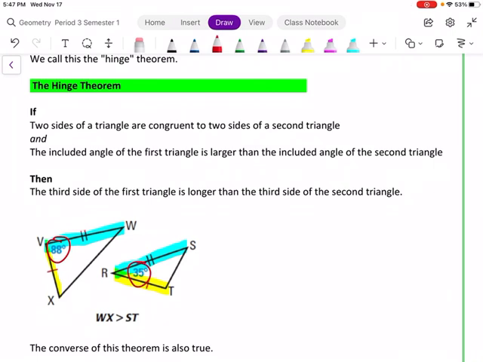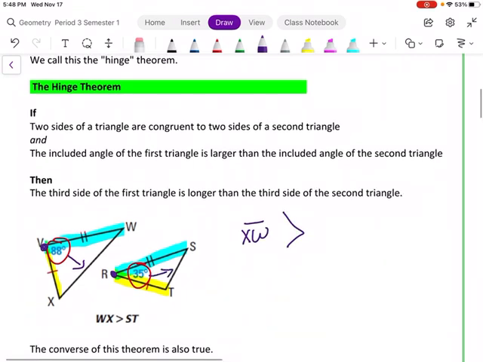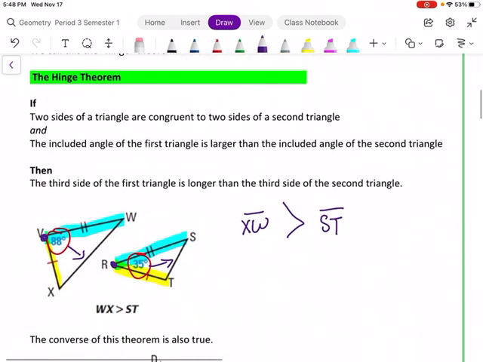Because these angles are where these two congruent sides meet, at point V and at point R, and we know 88 is larger than 35, we know side XW is going to be larger than side ST. And that's because 88 is larger than 35.